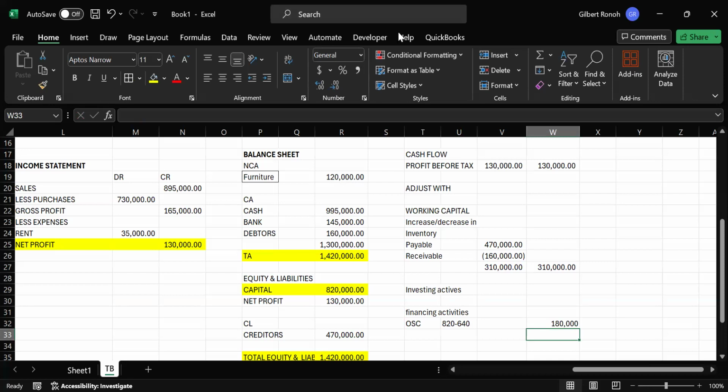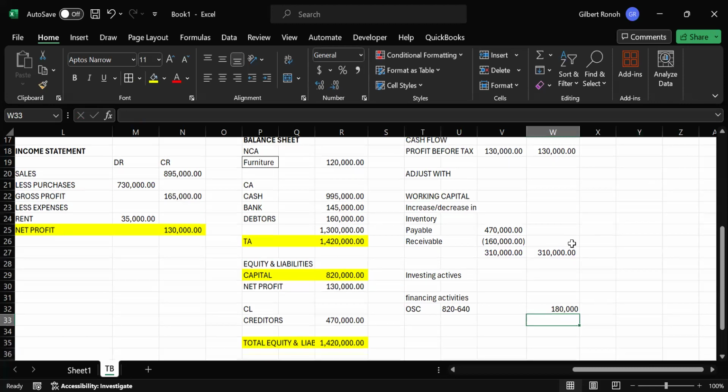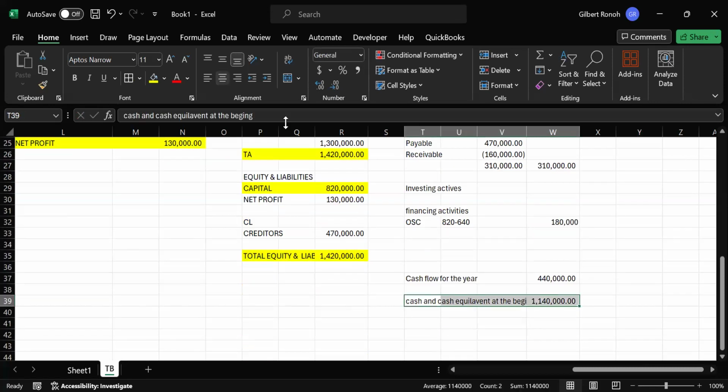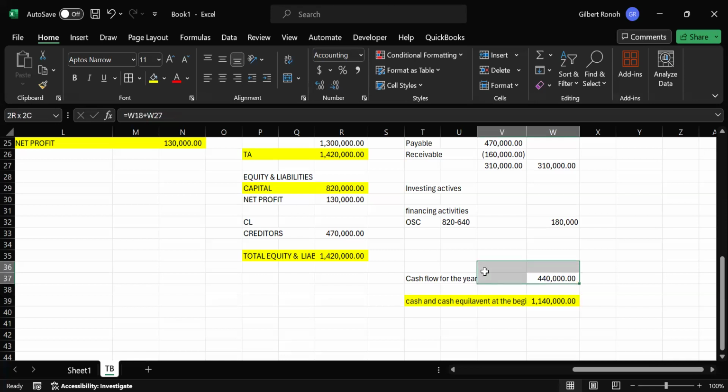Because this account is not balancing. See, the correct figure should be cash and your cash and cash equivalent at the end should be 1.141, but we are having, which is this one is correct, but this one is not correct.